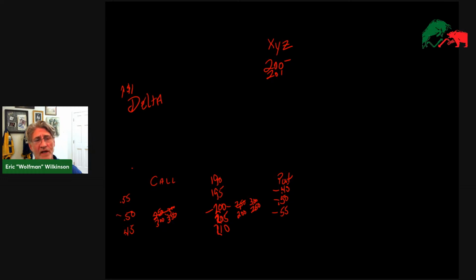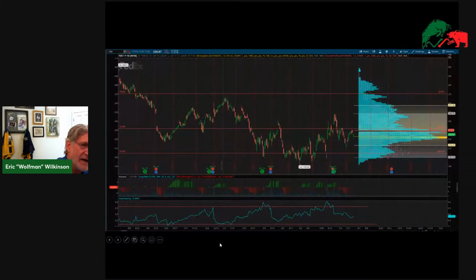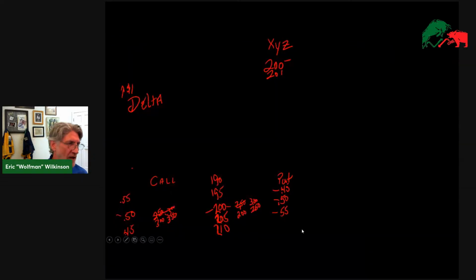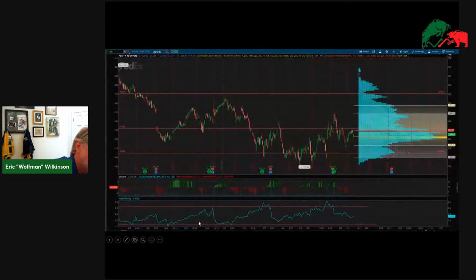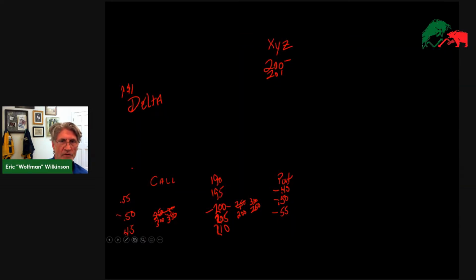The probability of the underlying going up and trading to, let's say, 225. Sorry, I went a little bit too low there. Well, let's just say it's the 210s. So the 210s there are say a 40 delta. I can't get my pen to work down there because there's a little thing down there.